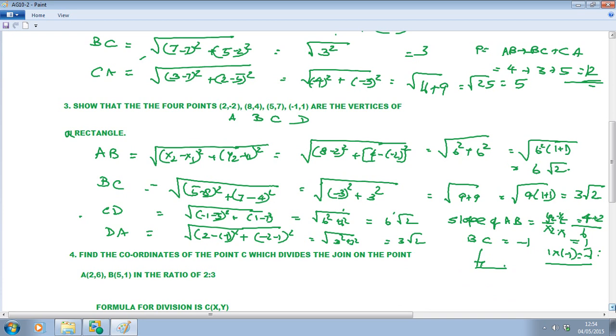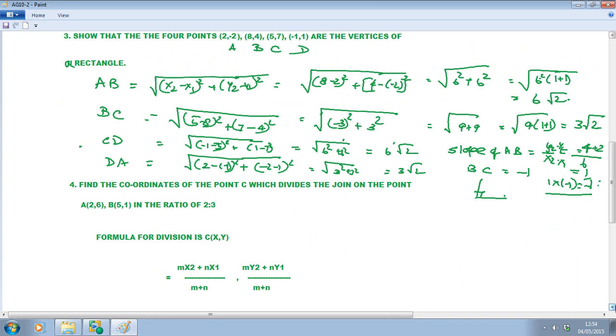So then it's a rectangle. We can prove the same thing in a different way also. Can you think of how, without finding the slope? You find the distance AC.